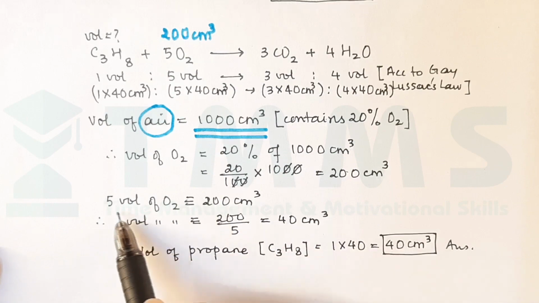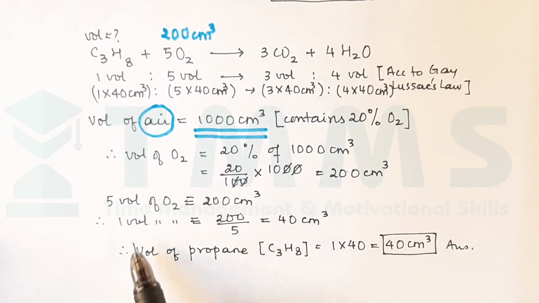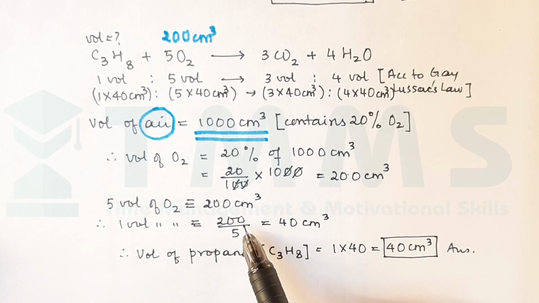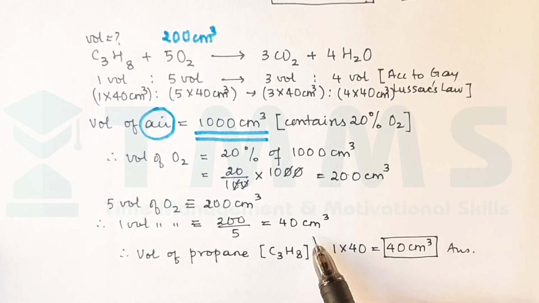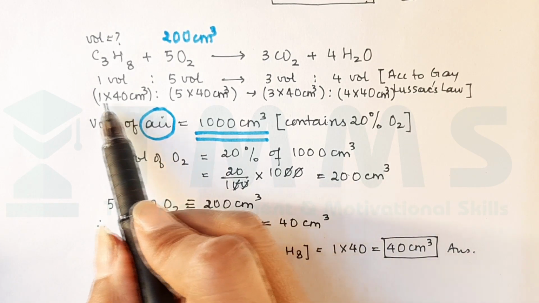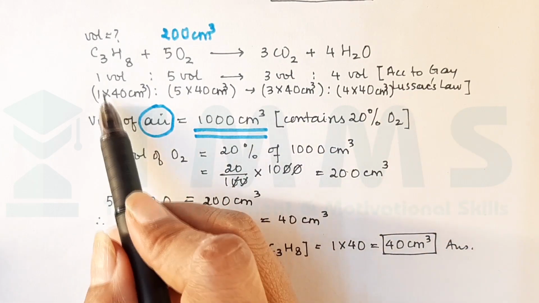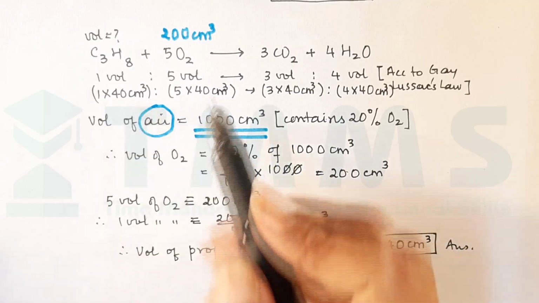So we say 5 volumes of oxygen is 200 centimeter cube, right? So 1 volume of oxygen becomes 200 upon 5. How much is that? 40 centimeter cube. That's right. So now 1 volume is 40 centimeter cube, which will be substituted in this line. By Gay-Lussac's law, 1 volume becomes 1 into 40 centimeter cube.